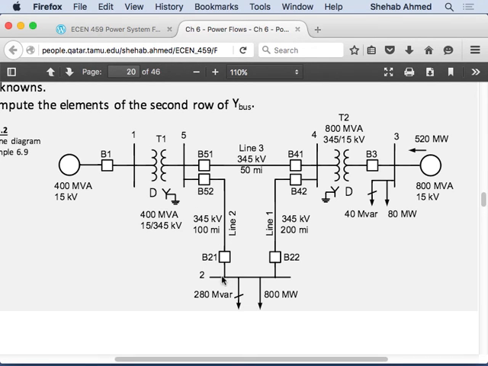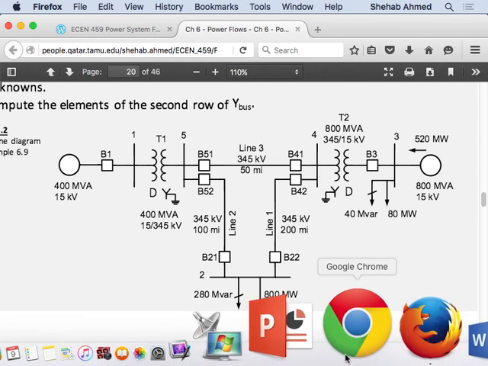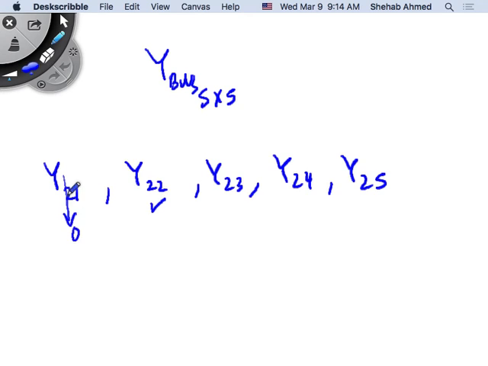Only Y25 and Y24 will exist, everything else is 0. So Y22 will exist, Y25 will exist, and Y24 will exist. 21 is 0, 23 is 0, 24 will exist, and 25 will exist.